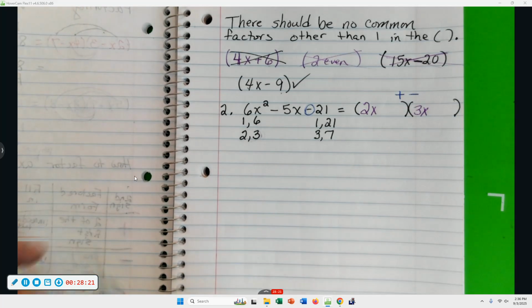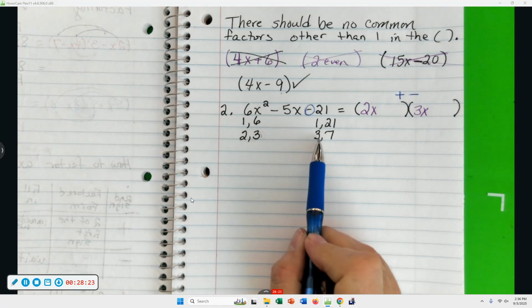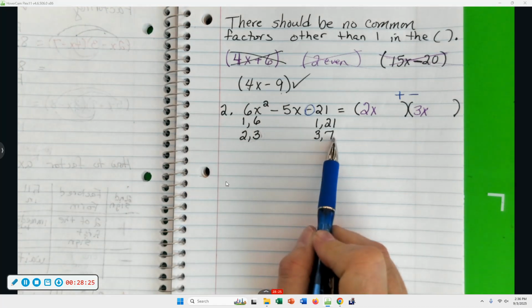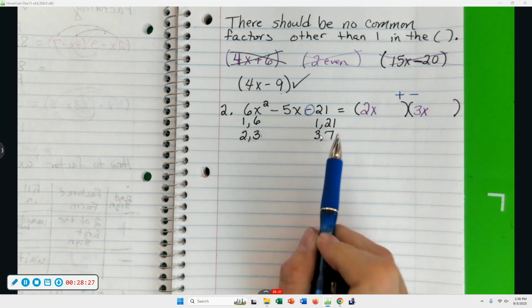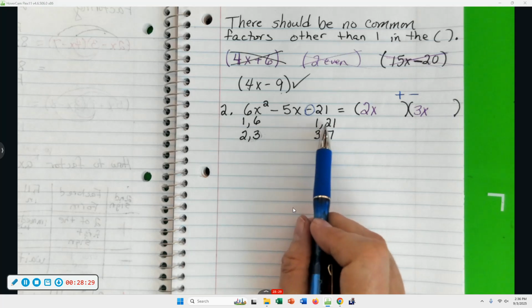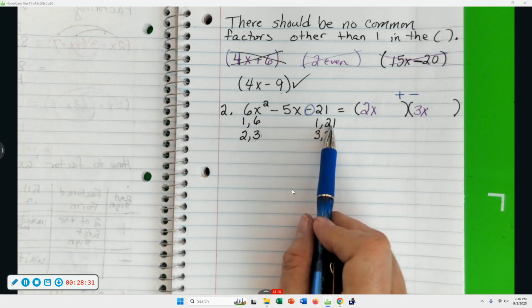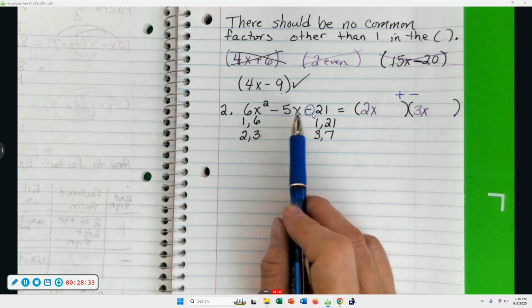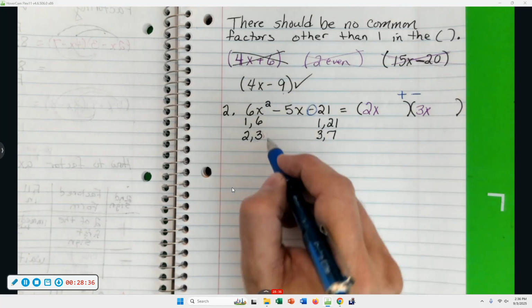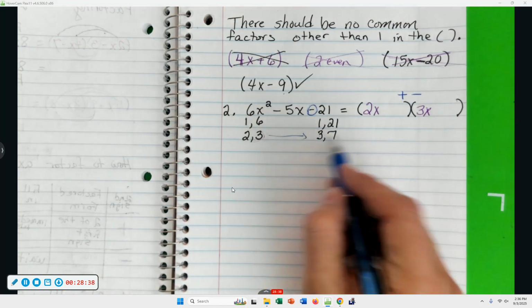And now I'm going to try to make it work out with the 3 and 7. If that won't work, I'll try the 1 and 21, but 21 times something is going to get pretty big, so I'm going to try it with the 3 and 7.